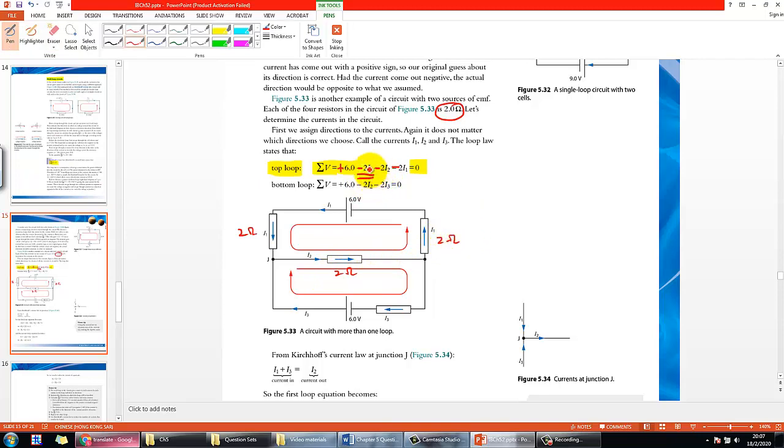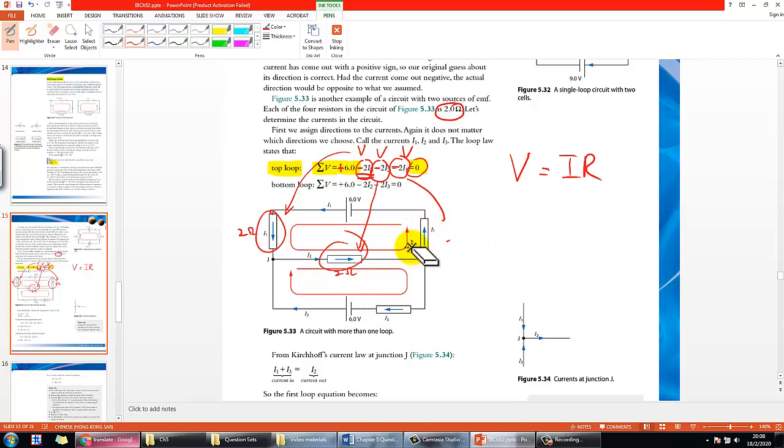If you recall, V equals IR, so this one is the voltage for this one, this one is the voltage for this one, and this one is the voltage for this one. So you minus this voltage, and this voltage, and at the end it will be 0.